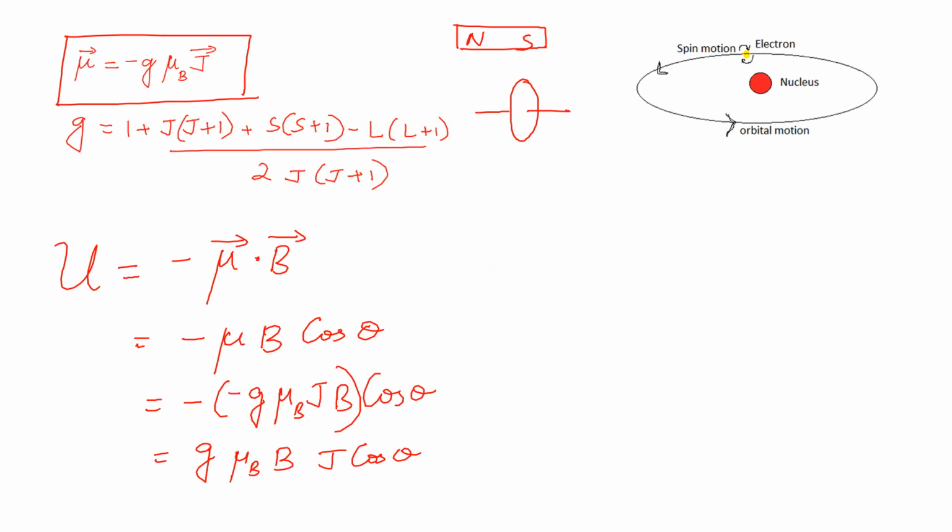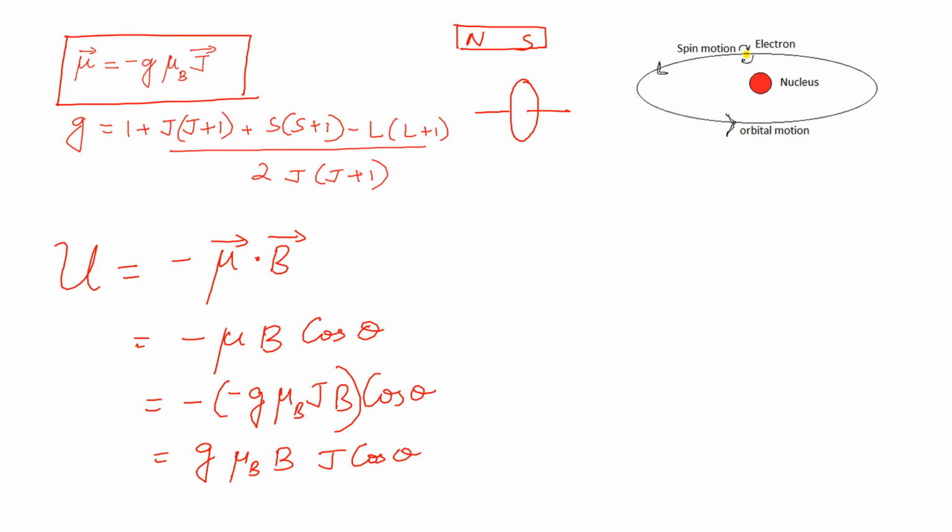Now we know that an atom possesses a magnetic dipole moment. What is a dipole? A magnetic dipole has two poles, one north pole and one south pole, just like a bar magnet. What is the reason for this?